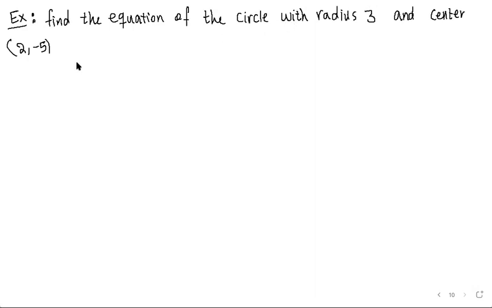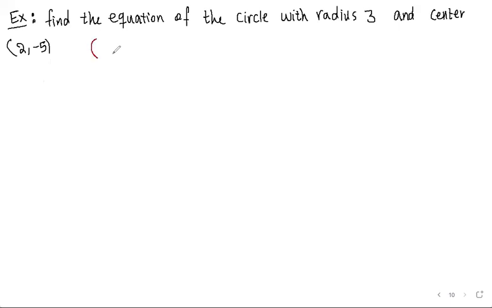May I try? Yes. Radius will be 9 equals x minus 2 square plus x plus 5 square. Y. You forgot y, I mean y. Okay, this is true. So he's right. To solve something like that, I have to rewrite the formula.